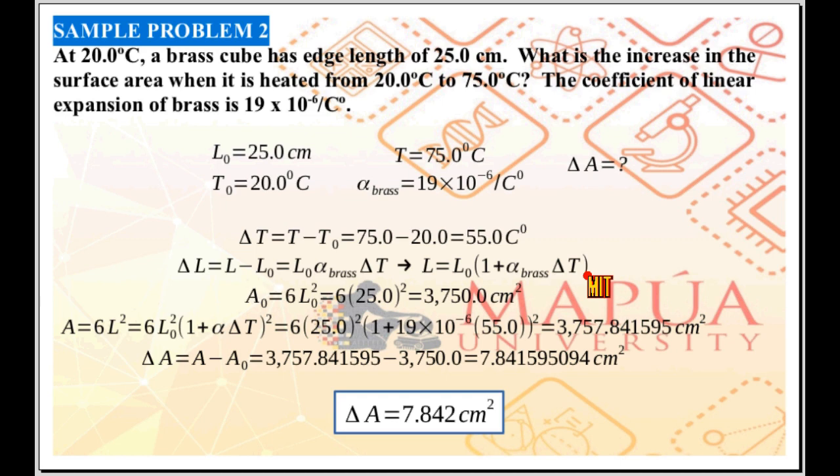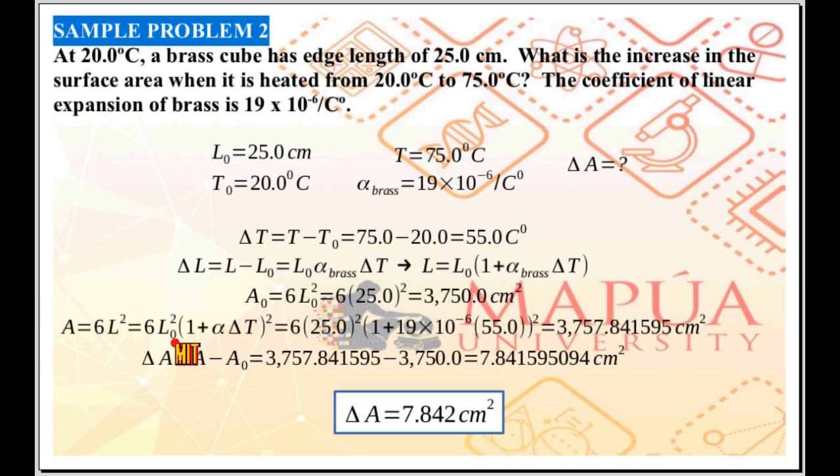Now, using our equation for final length, L is equal to L naught times 1 plus alpha brass delta T, we can get the value for the final surface area. Just like A naught is equal to 6 L naught squared, the final area is equal to 6 L squared, where L is the final edge length. And L is equal to L naught times 1 plus alpha brass delta T. Don't forget the square, because L squared.